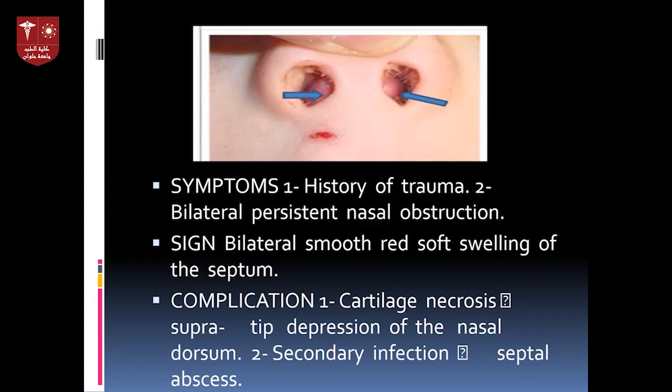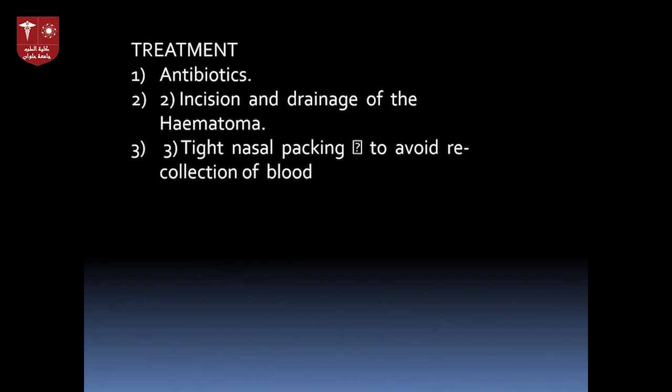After necrosis of the nasal septal cartilage, depression will happen because it is the support of the nose, or secondary infection causing septal abscess. Treatment: we will give the patient antibiotics and do incision and drainage of the hematoma, with tight nasal packing to avoid recollection of blood.